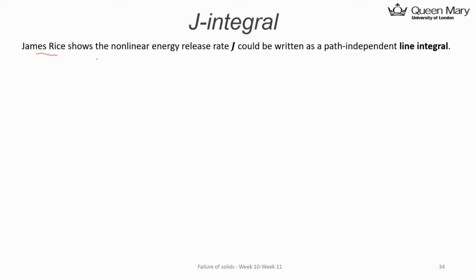James Rice, from Harvard University, showed that the nonlinear elastic energy release rate J could be written as a path-independent line integral. I couldn't understand it at the beginning either, but when you go through the problem step by step, you will understand why it works.